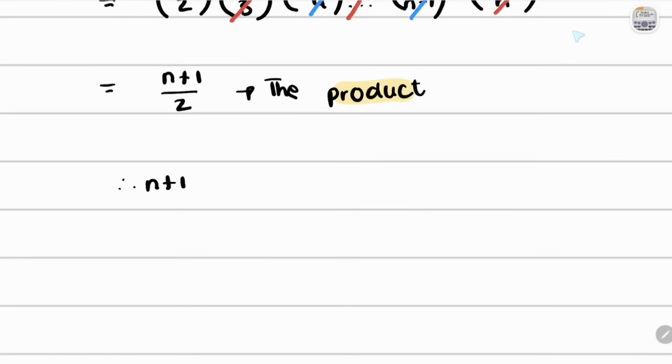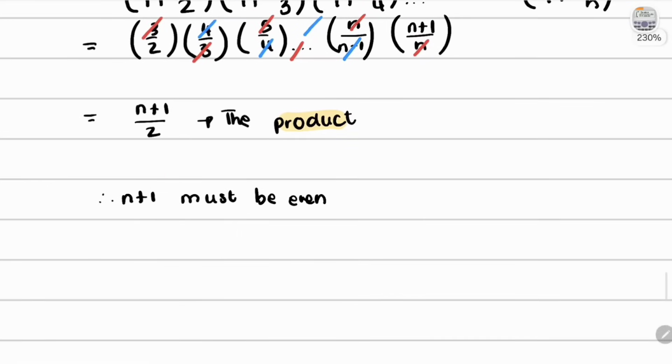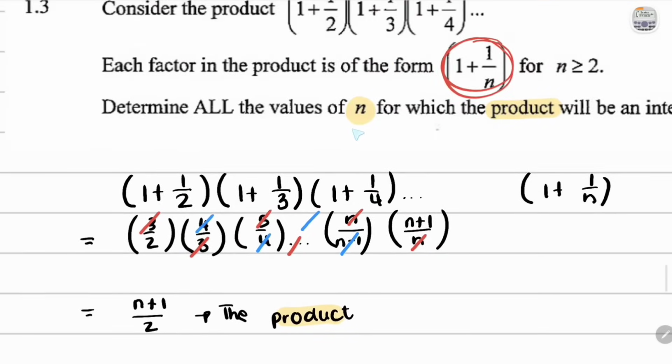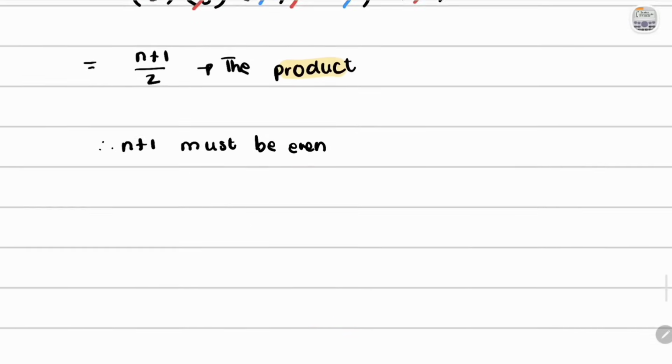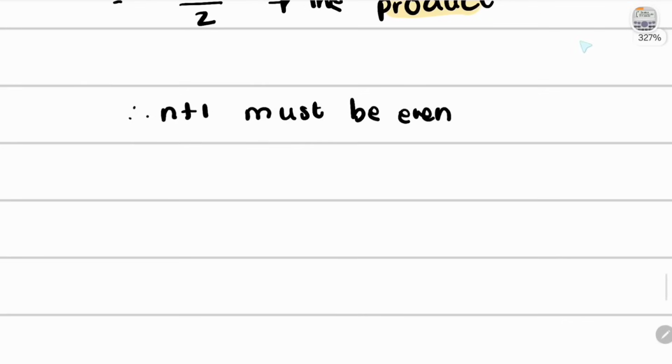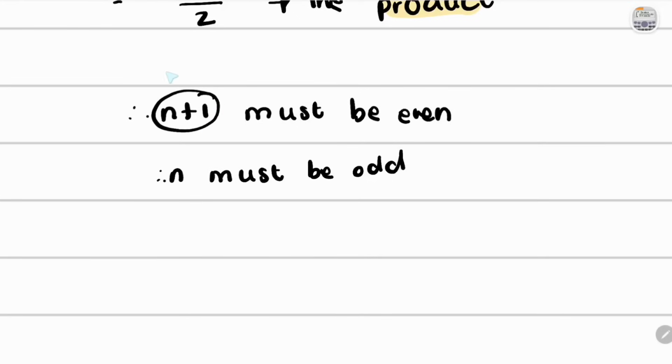It must be even. But the question is not specifically asking for n plus 1. It's asking for all the values of n. So it means that if n plus 1 must be even, then n specifically must be odd. That is the only way this would be even, because if you take an odd number and you add 1, it will make it even.